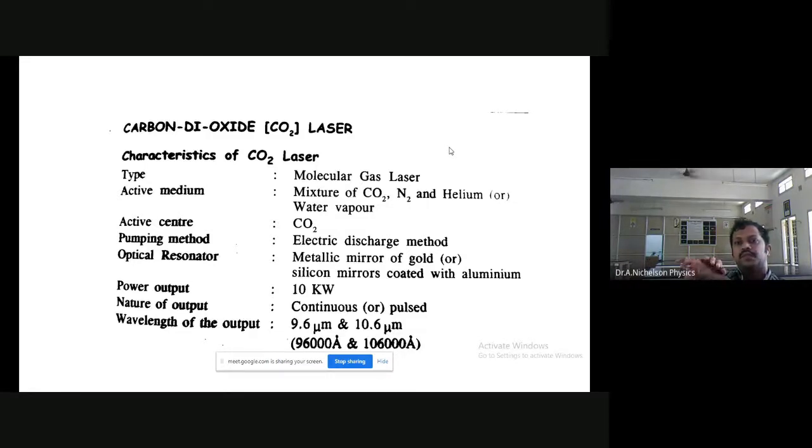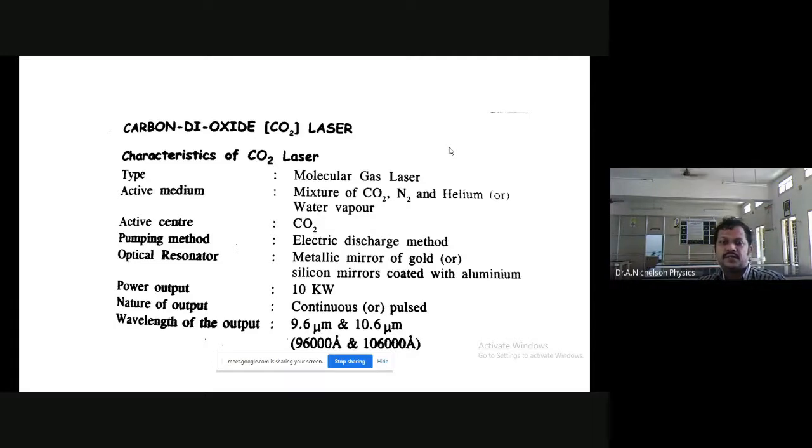The active center is carbon dioxide, CO2, which is responsible for the laser emission. The pumping method is the electric discharge method, followed by inelastic atom-atom collision. So here you can just write electric discharge method.